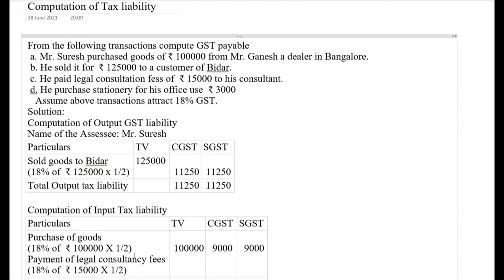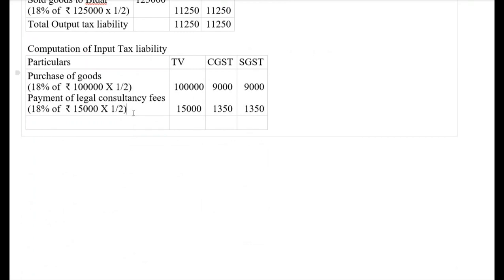The consultation is 15,000 here. So the amount of the input tax liability comes to 1,350. 1,350.